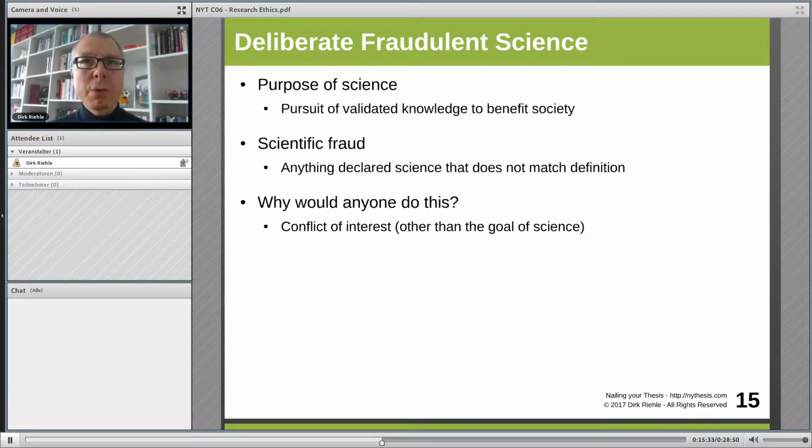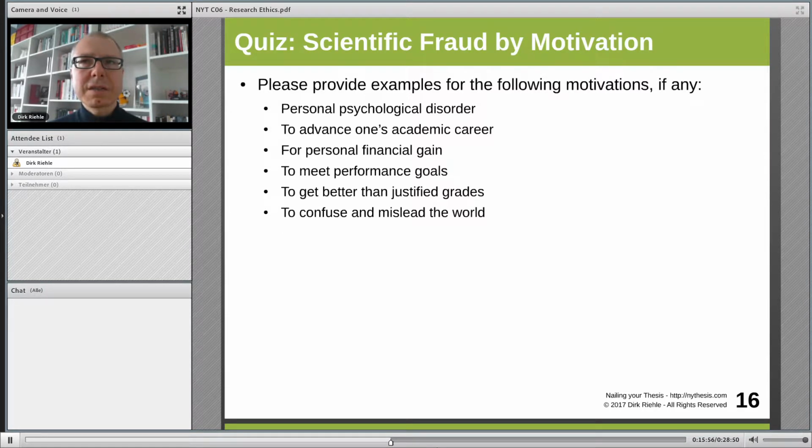So again, why would anyone do that? And it boils down to other motivations than the purity of science, potential conflicts of interest, because researchers are human beings and as such are more than pure thought stuff, more than science and theories and models and frameworks. They have other interests outside of science.